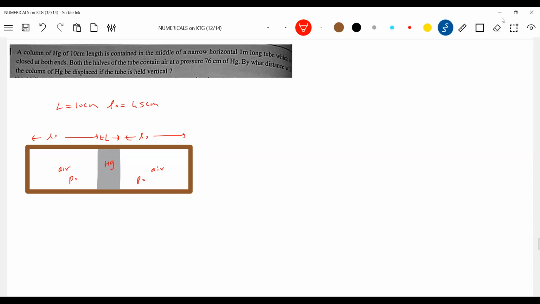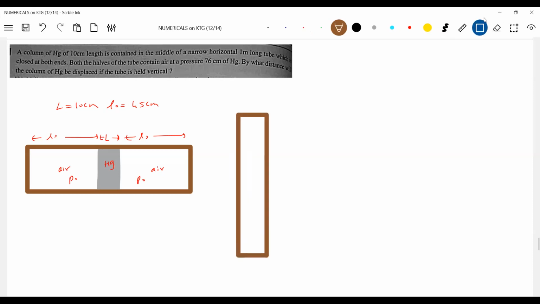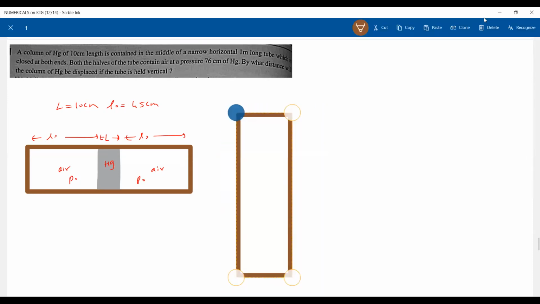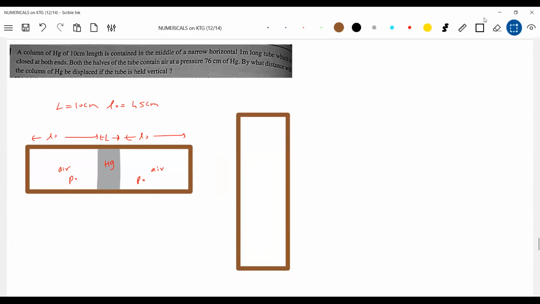Now this is made vertical. What will happen to the mercury column? Somewhere here, I'll shift it down. It will not be at the midpoint.